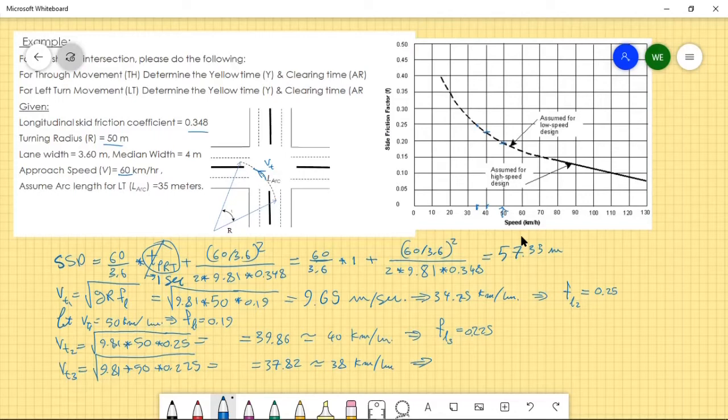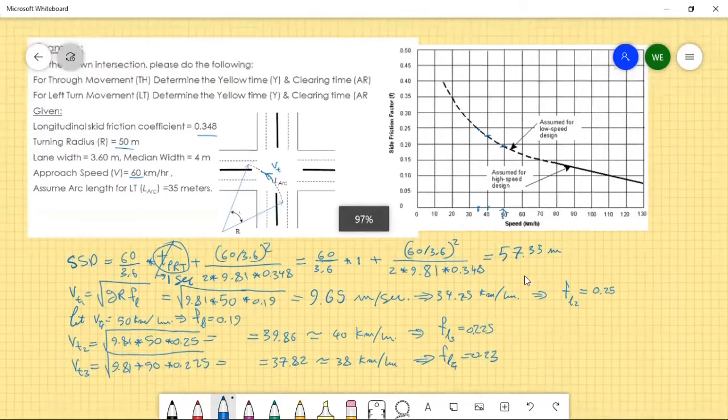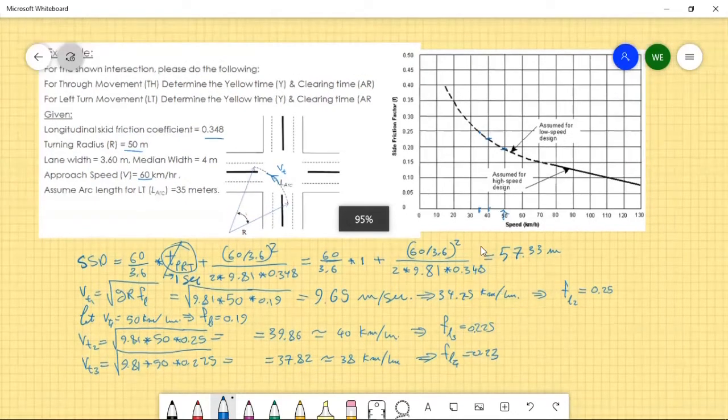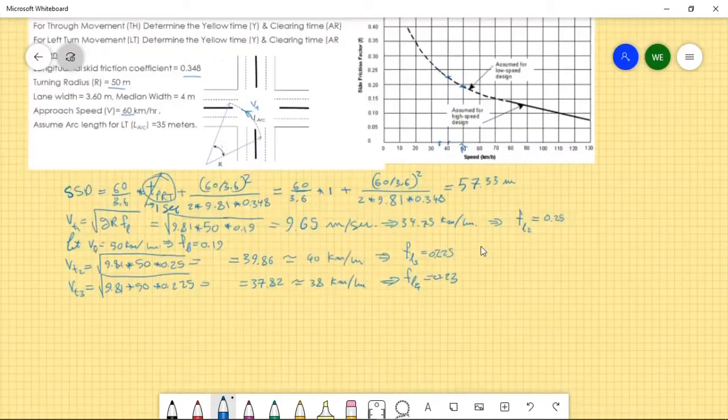So 38 kilometers per hour corresponds to f_L4, which is 0.2 I think. It's something negligible. Okay, the change is negligible. So we are going to give it this last try, which is most probably our last iteration.